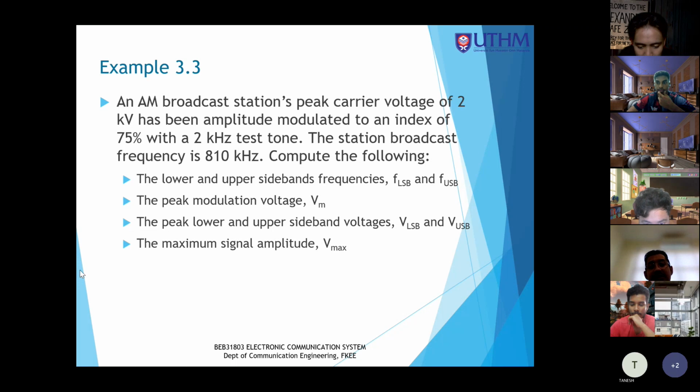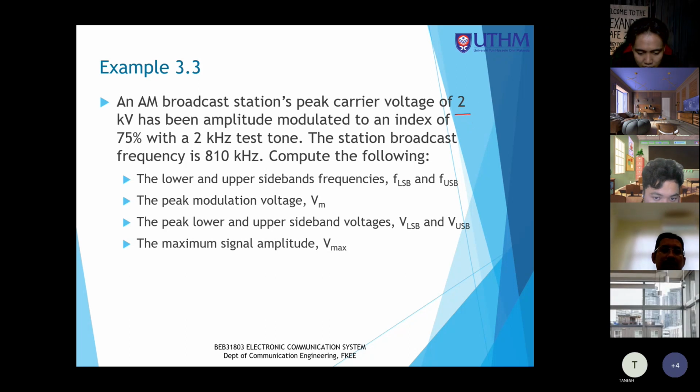So let's do another example so that we can have more understanding about the power calculation, okay? Okay. So an AM broadcast station's peak carrier voltage of 2 kilovolt.